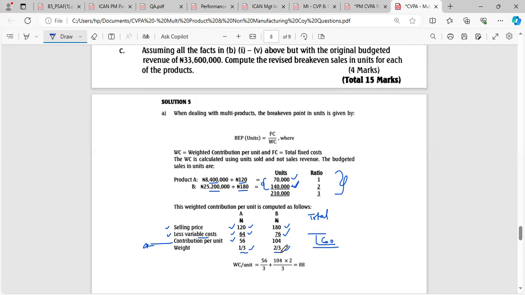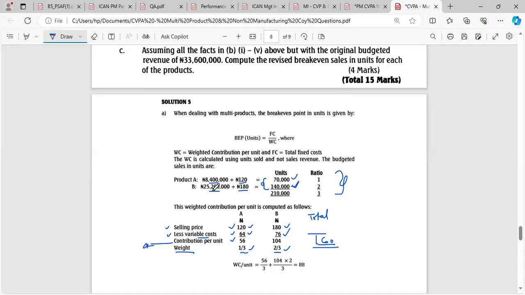That is the main point. Where the sales mix or the weight is not given to you, determine what you are computing. If you are computing in units, use your units to determine the weight or the ratio. If you are computing in value, use your sales in value, which is 8.4, 25.2, to compute your weight.